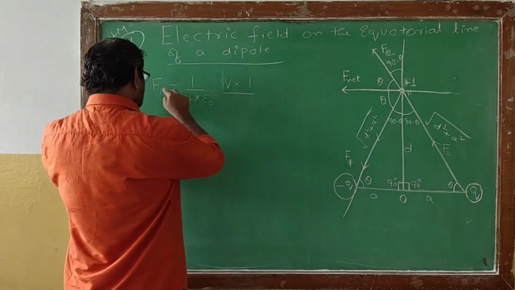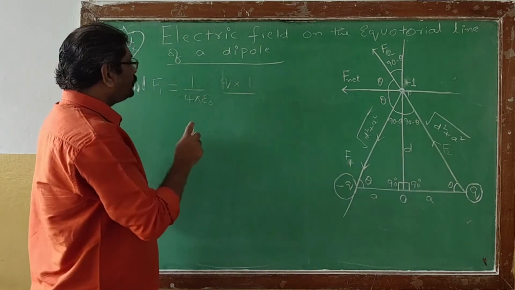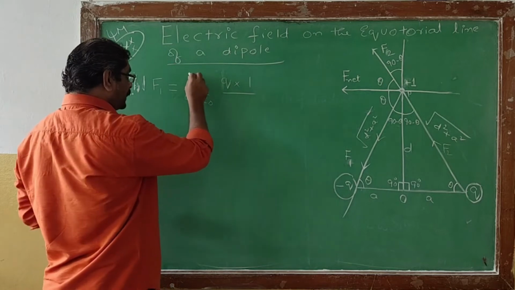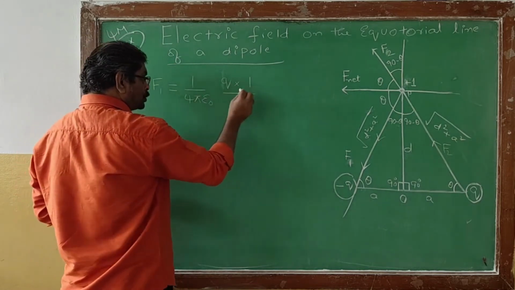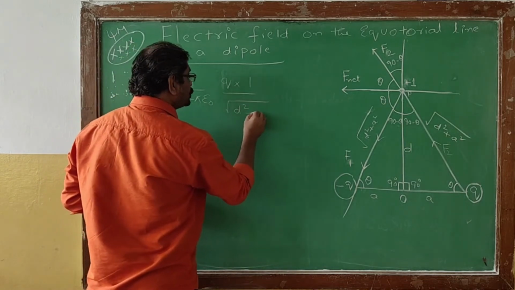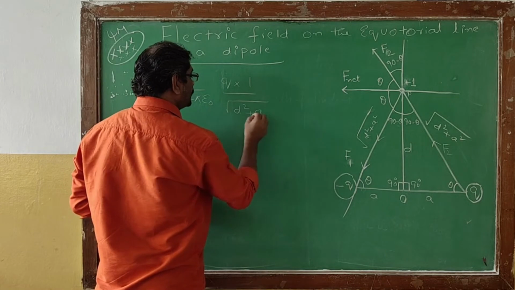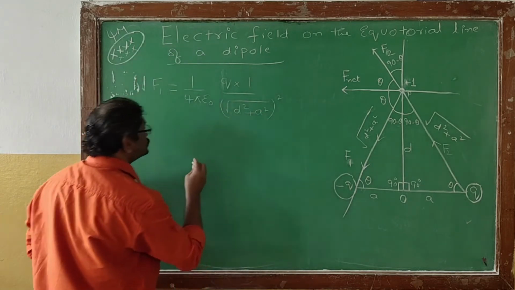So I can write, the magnitude of F1 will be numerically equal to 1 by 4 pi epsilon naught, q into 1, divided by under root of d square plus a square whole square.